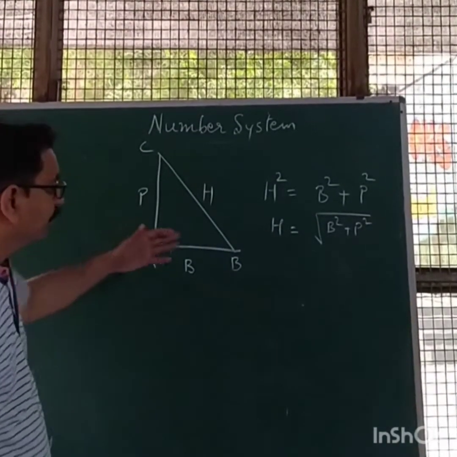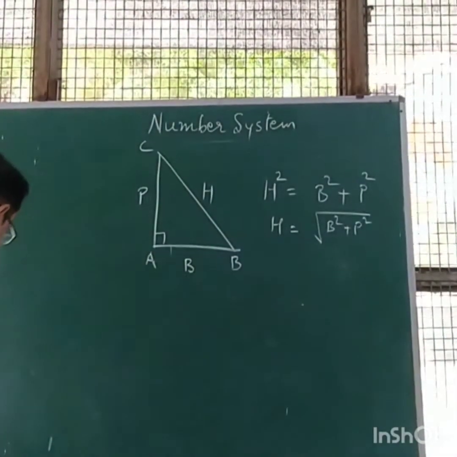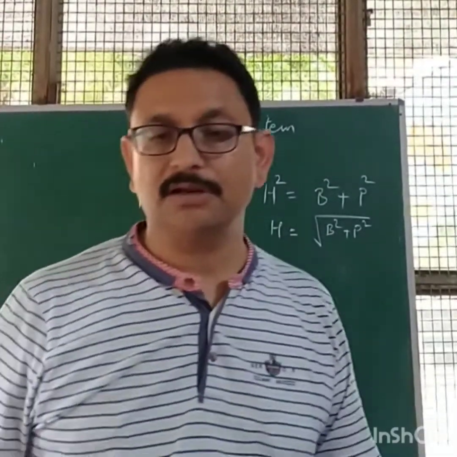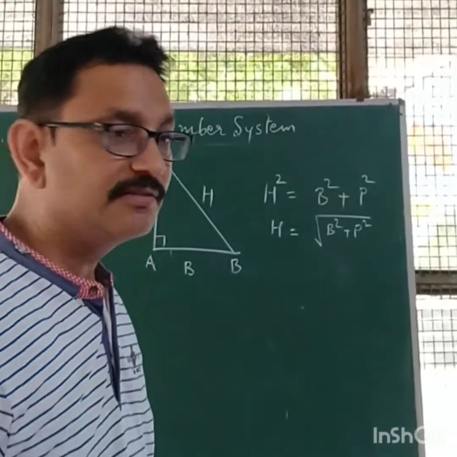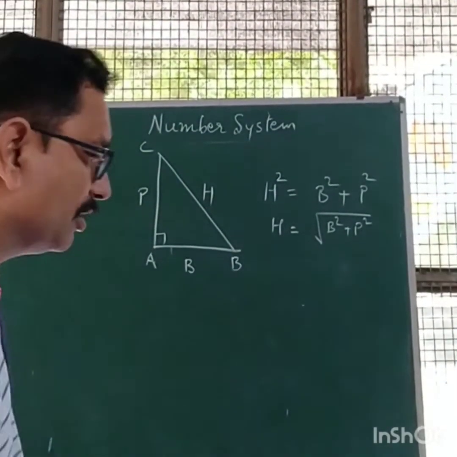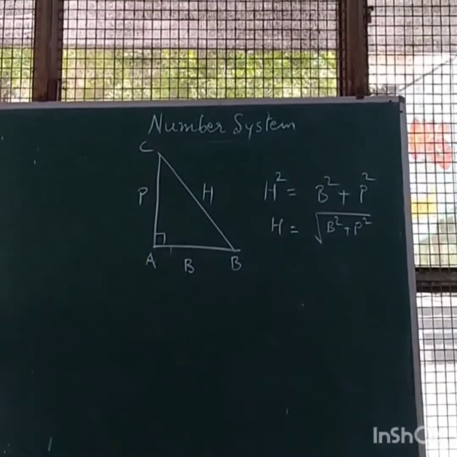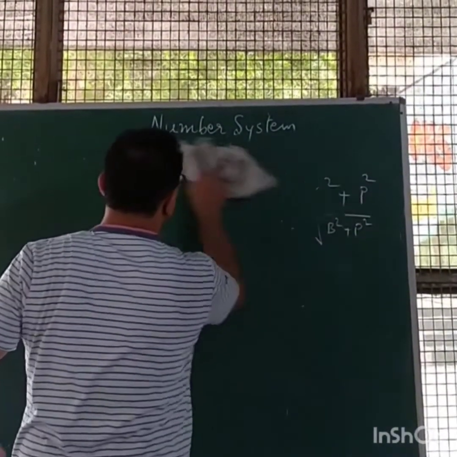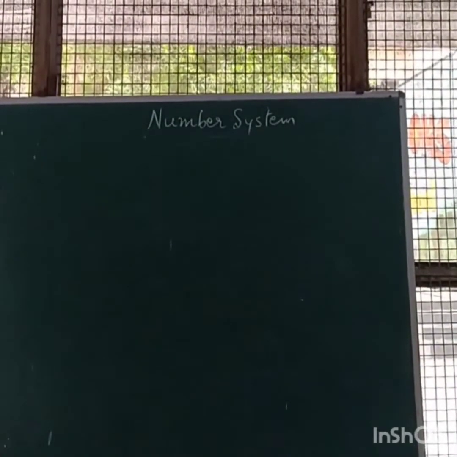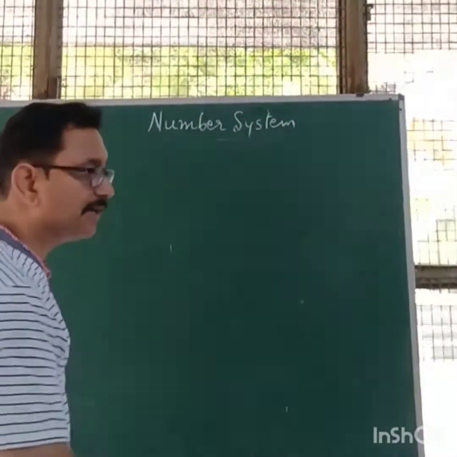Now using this theorem, we can place any irrational number on a number line. For example, we will be placing under root 2 on the number line. For this, let us draw a number line.